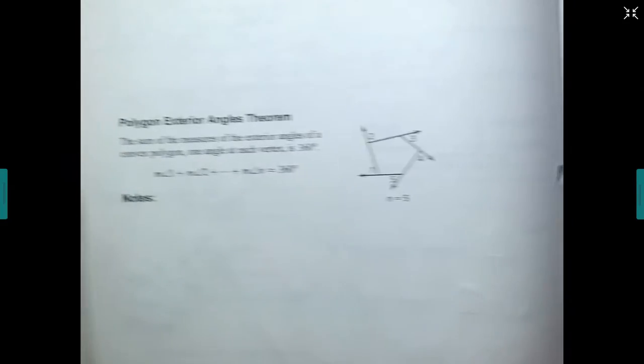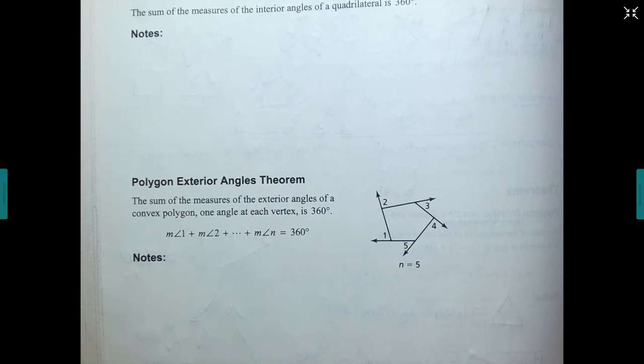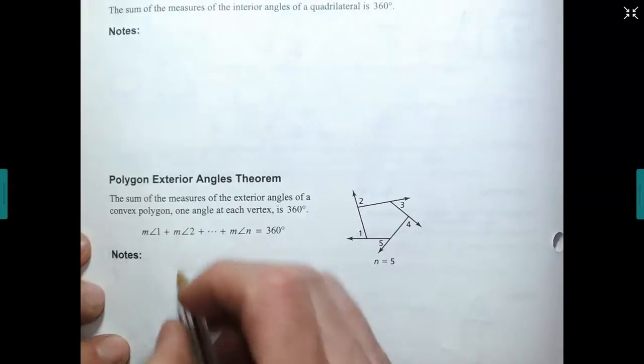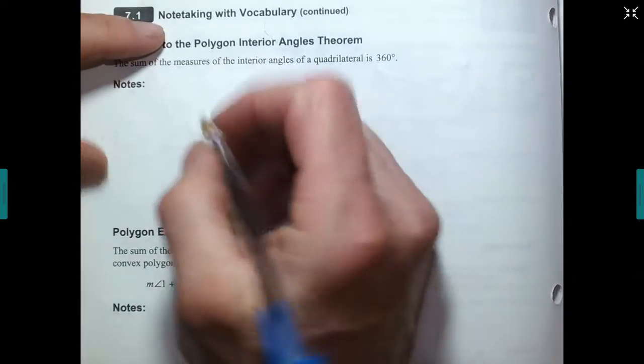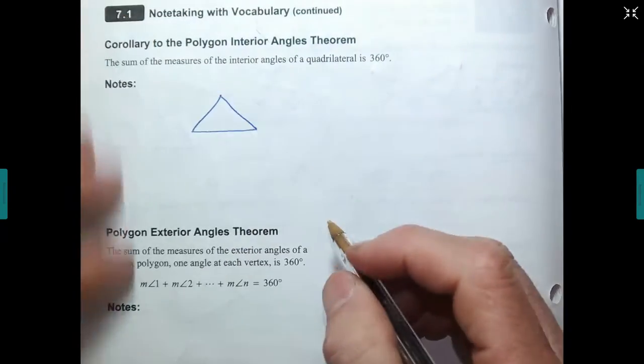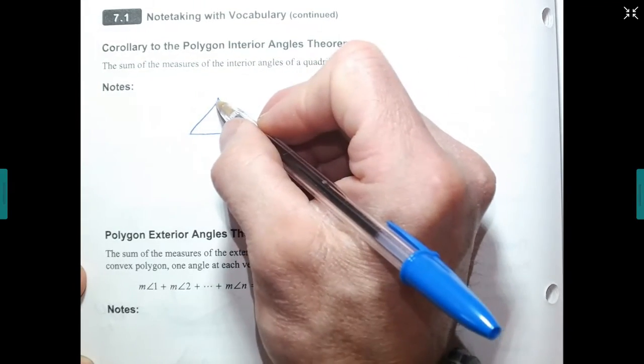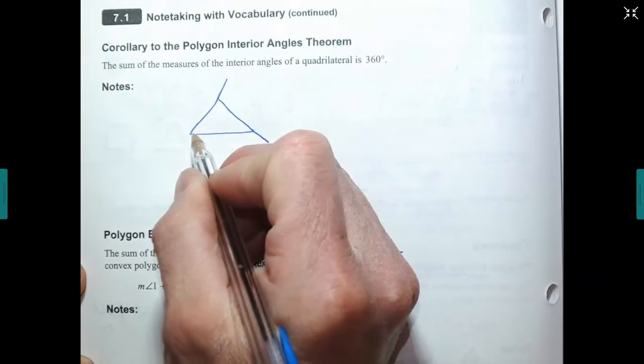What about exterior angles? Here's a crazy thing. Well, let's look at it. Let's make it not crazy. Let's say I have a triangle. I don't care what kind of triangle, just any old triangle. Let's say I pull these lines out just a little bit.